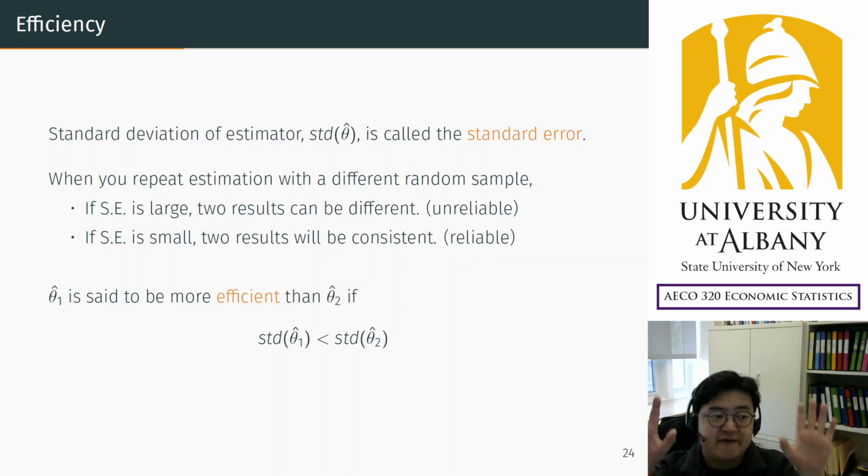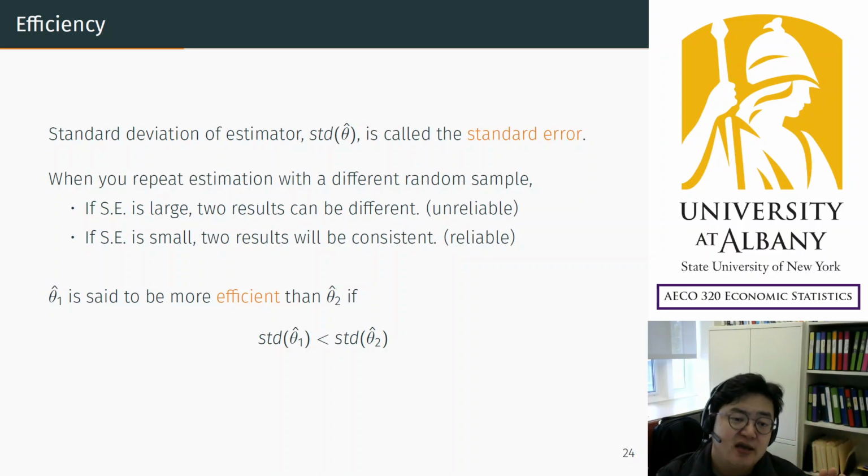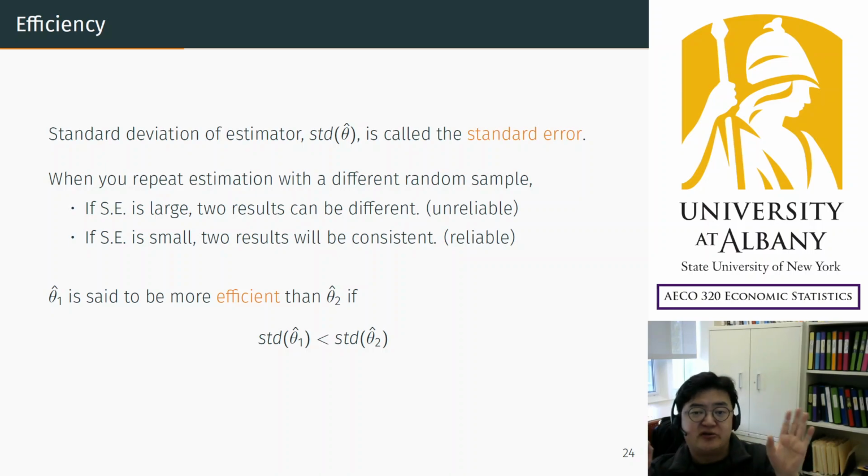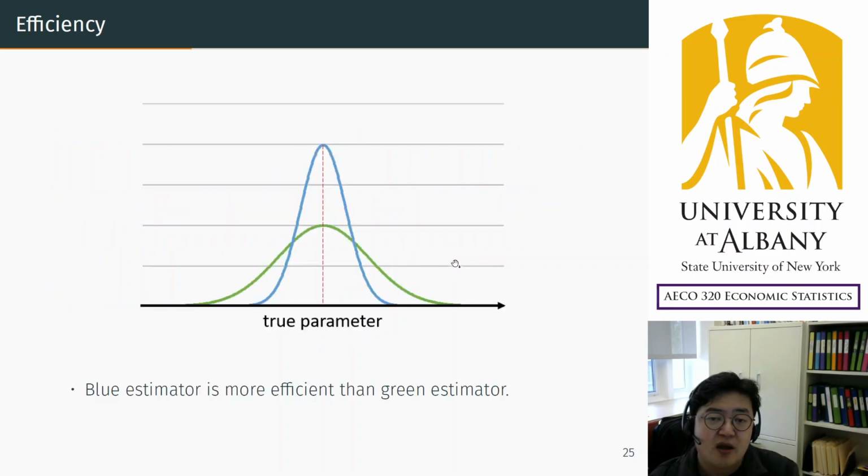You need two estimators and you compare them. So I don't say one is efficient, but I usually say one estimator is more efficient than the other. It's relative, by comparing the standard deviations, and the smaller is the better one. That's how we use the second criterion, the efficiency criterion, right?